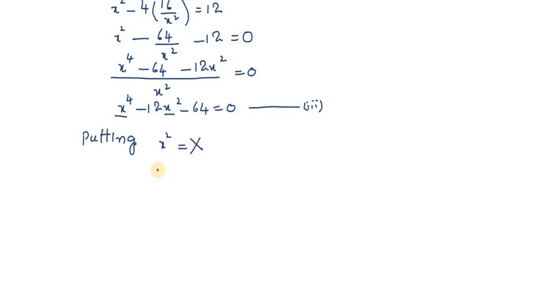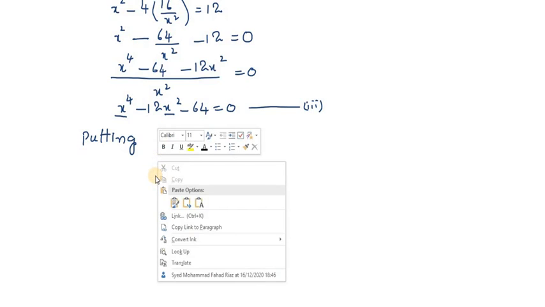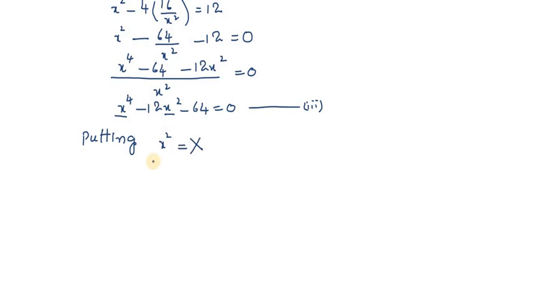So squaring on both sides, we get x power 4 is equal to capital X square. We substitute these two values, x square and x power 4, in equation number 3.